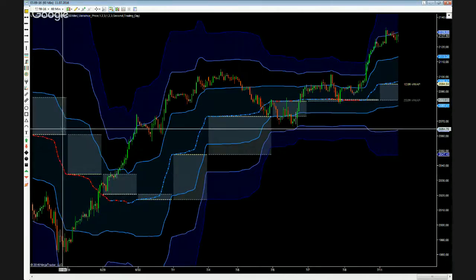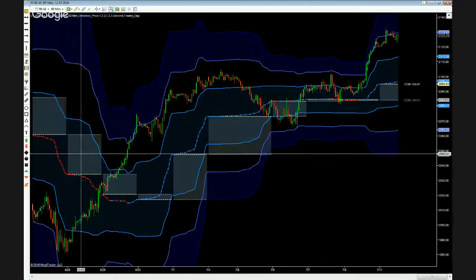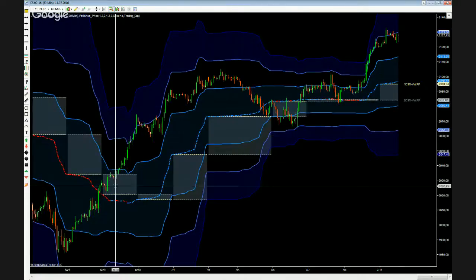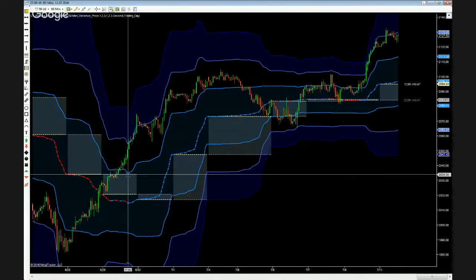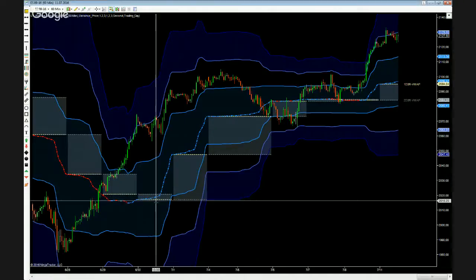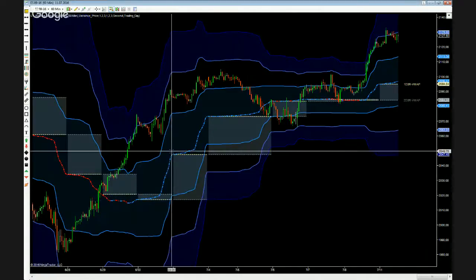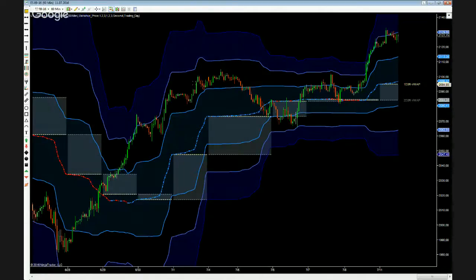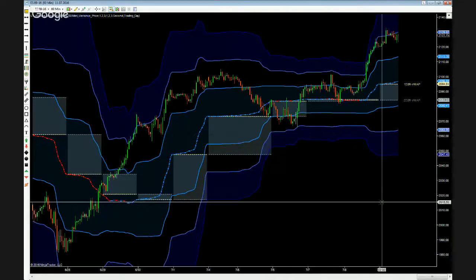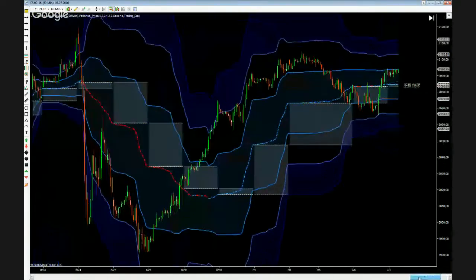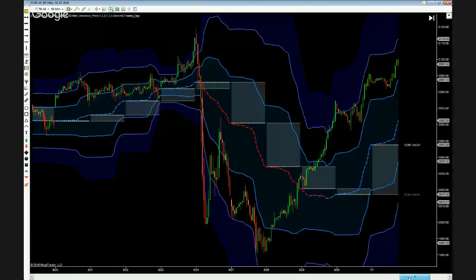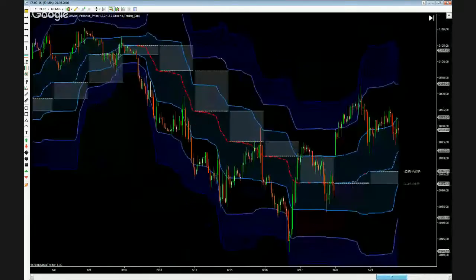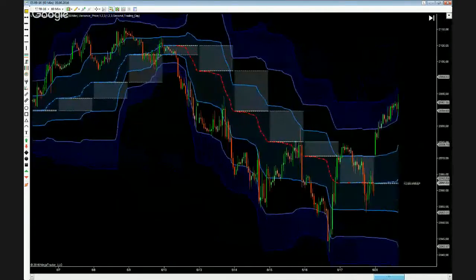You see these are fairly wide ranges here, and then the range is basically coming to a halt here, and then we see a powerful move in the other direction here, and the price is coming into the value area here. And so this is a good way to look at momentum and trend direction.